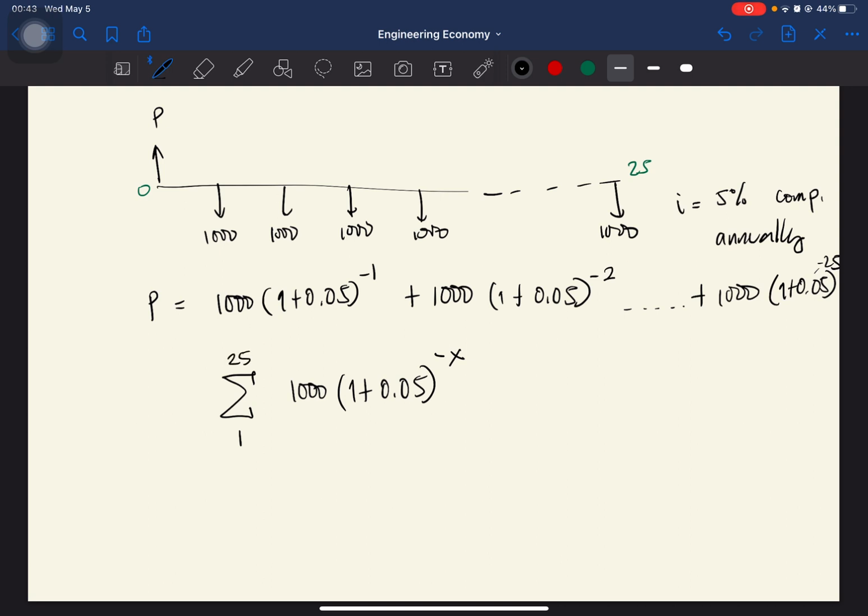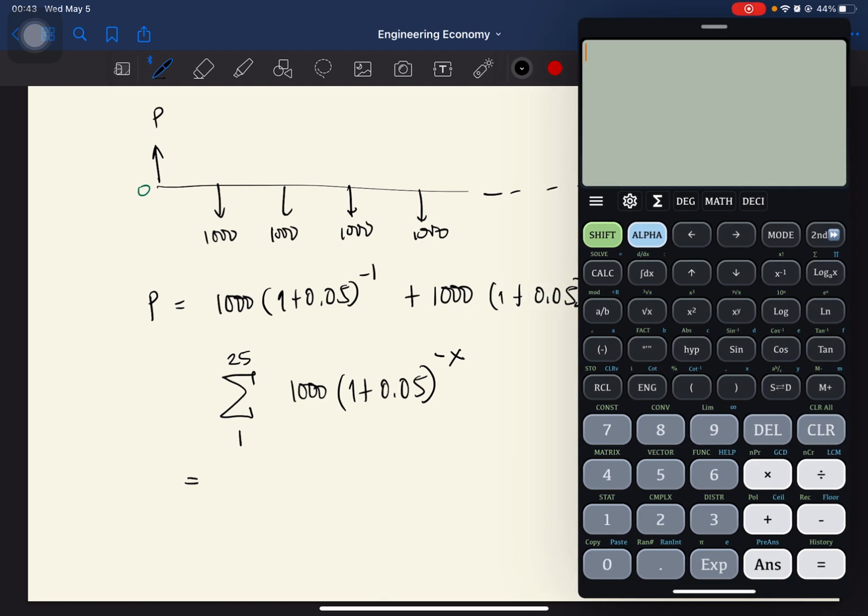This is just a basic knowledge lang about sigma notation. Okay? So, if you have that on your calculator, dito sa atin, ayun, sigma 1,000, 1 plus 0.05 raised to negative x. We start with 1, and we end with 25.